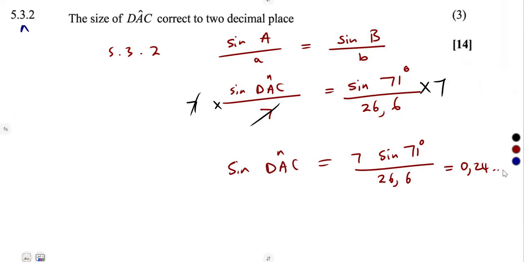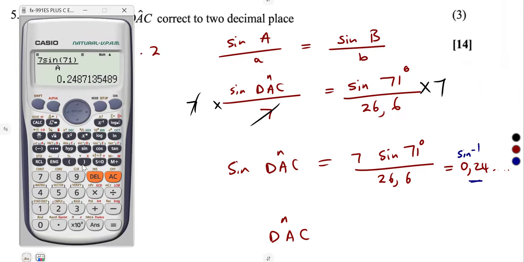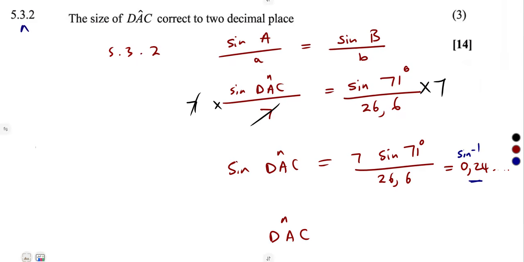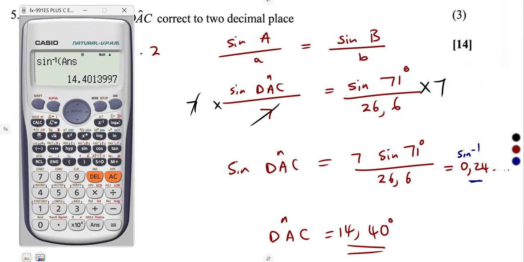To find DAC, which is the angle, you must determine the arcsine of this answer on your calculator: shift, then sine. So the arcsine of our answer is 14.401 and so on. To two decimal places, the one is not going to change that. It's going to be 14.40.